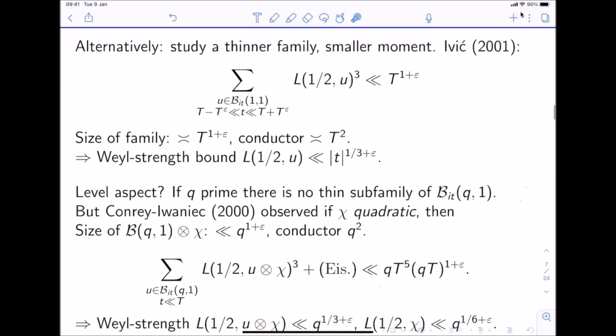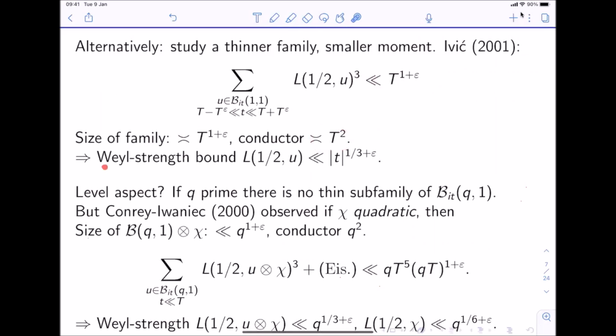So this was done a long time ago by Ivić. He studied the 3rd moment in this small family and got, again, a Lindelöf on average upper bound for this moment of L-functions. So the situation here with regards to the size of the family to the conductor is much more favorable. The size of the family now is about T to the 1 plus epsilon in this very small window, and all the conductors remain size T squared.